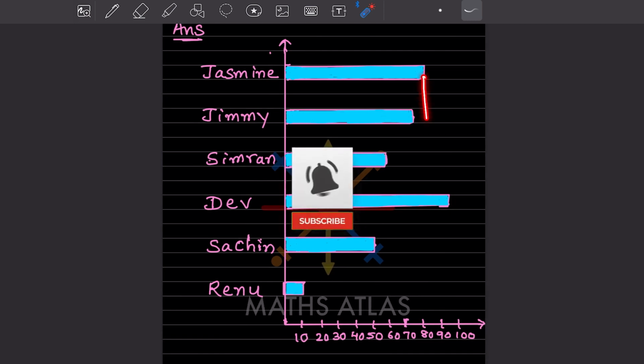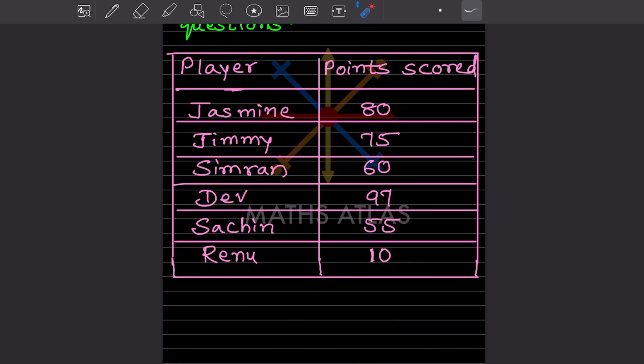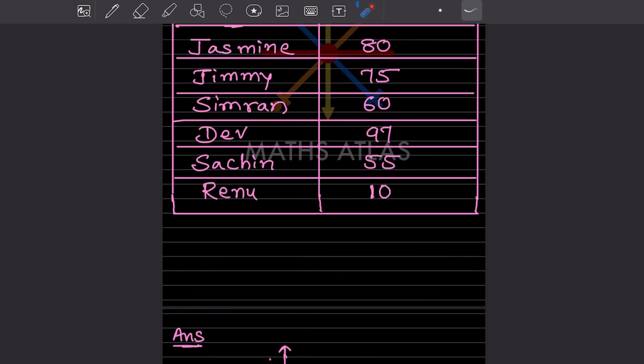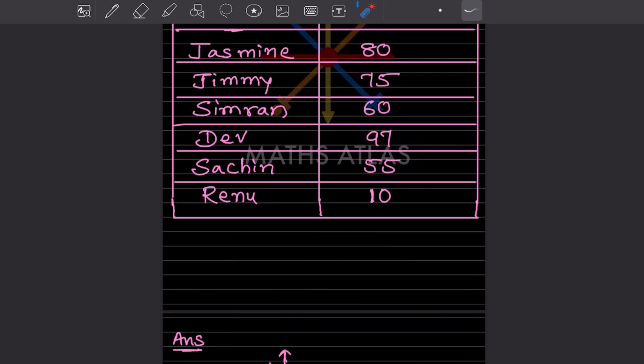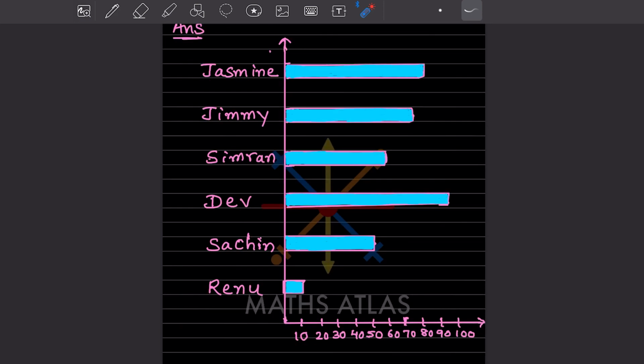See here, 80. Okay, now Jimmy is 75. So it comes into here. Then if you draw this one with a scale, you will find it easy. This Simran is 60.